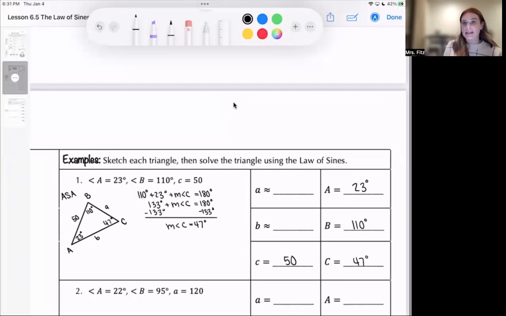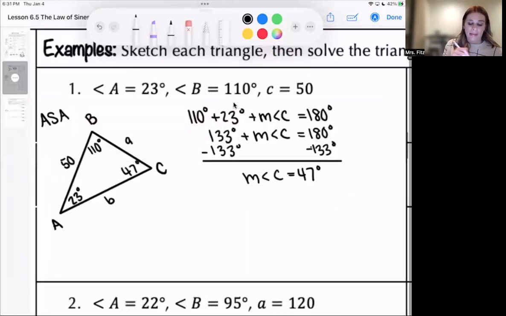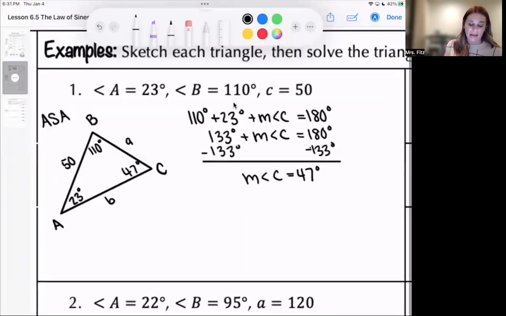And then we can go ahead and set up the law of sines to come up with the missing side lengths. Okay, so we have sine of 47 degrees divided by 50, because those are opposite, right? Let's go ahead and find A first, equals sine of 23 degrees over little a. Go ahead and cross multiply.